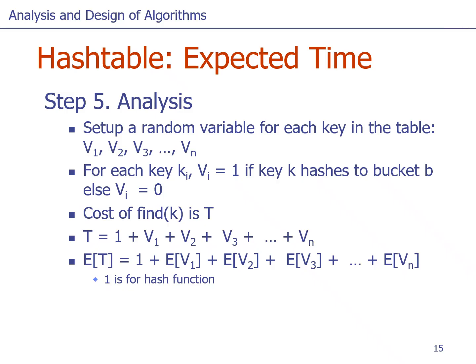Now once I start to introduce random variables, I have to start thinking of the values for those random variables. And this is what the second point is trying to handle. It says for each key k sub i, the random variable v sub i is equal to 1 if the key hashes to bucket B. Else, v sub i is equal to 0.